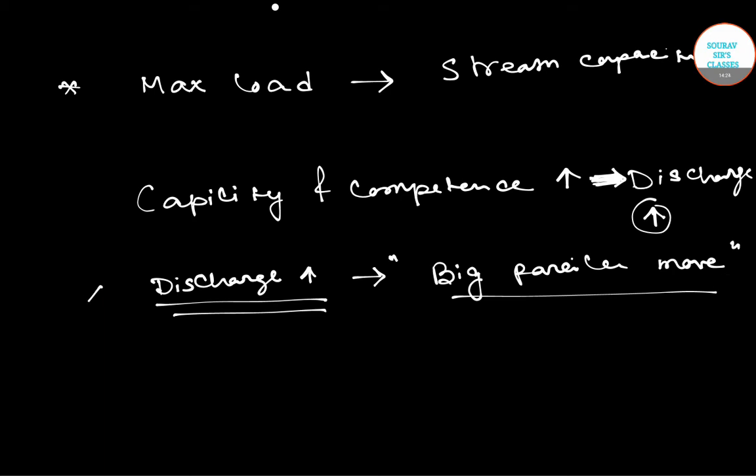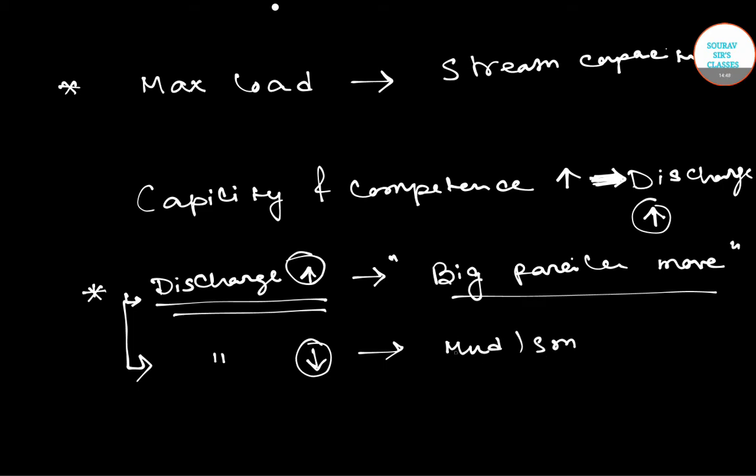But when the discharge is low, then what happens, the mud-like or the silt-like structure, small particles can only move.